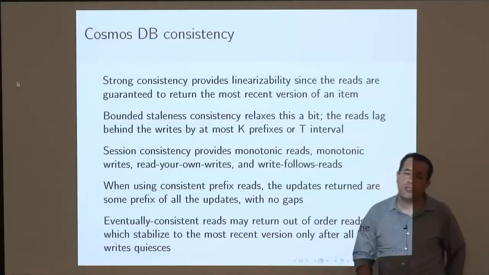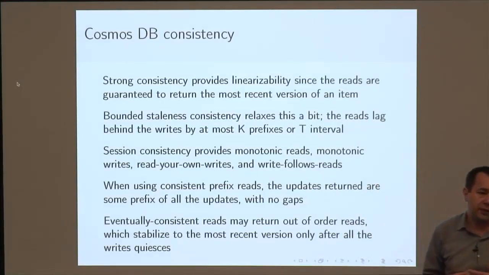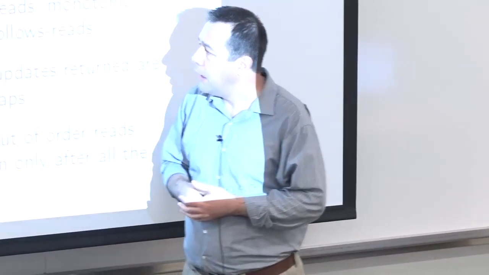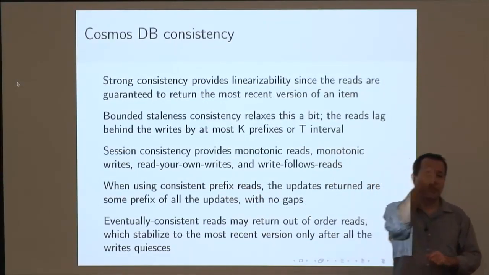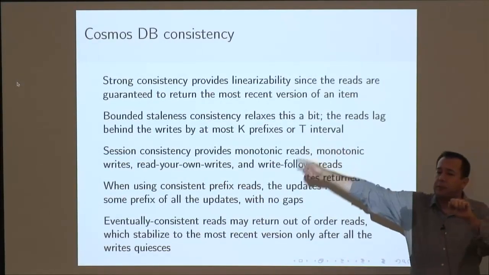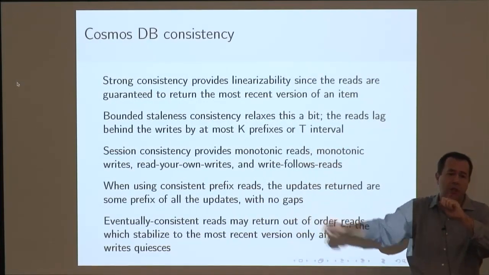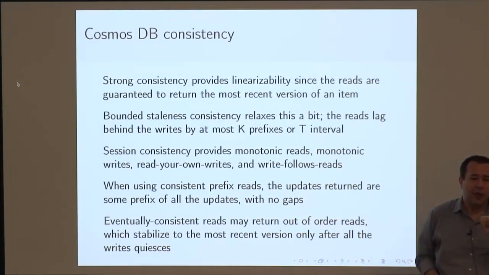Session consistency says, let's focus on the single client point of view. From the client point of view, can I read my own write? If I wrote, next time I read, I don't care if somebody else got another write acknowledged. I at least want to read my write. Why is this hard?